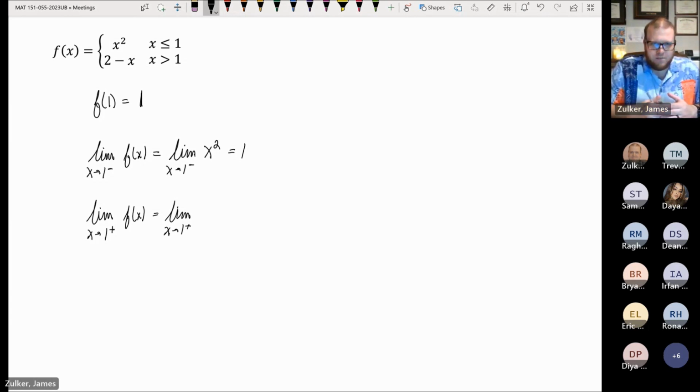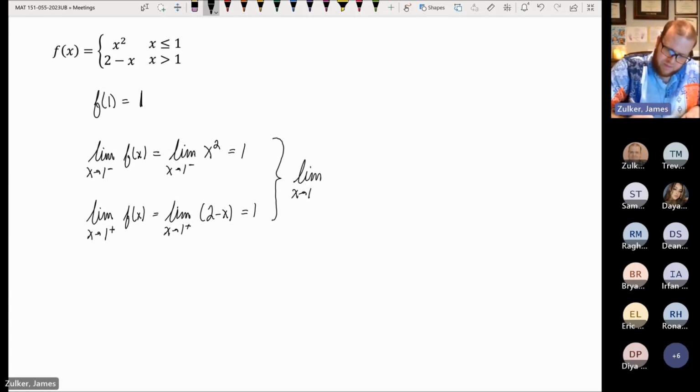Coming in to 1 from the right, that means we're larger than 1. Well, that means that the limit is 1, and that happens to equal f of 1.